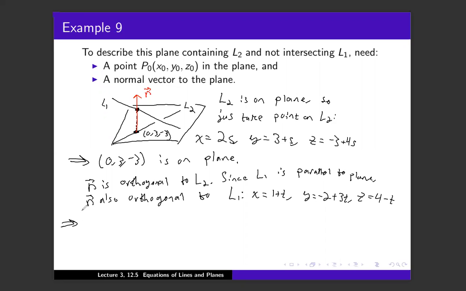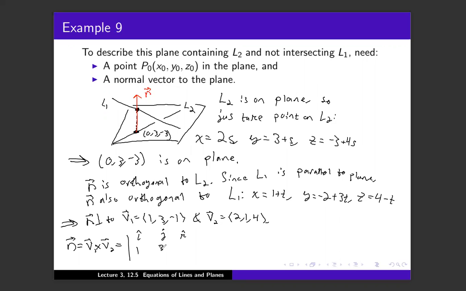So, with all that in mind, we know that n is orthogonal to both v1, which is (1, 3, -1), the vector for L1, and v2, which is (2, 1, 4). Cross product time. We can say that n is just the cross product of v1 and v2. It's i, j, k; 1, 3, -1; 2, 1, 4.